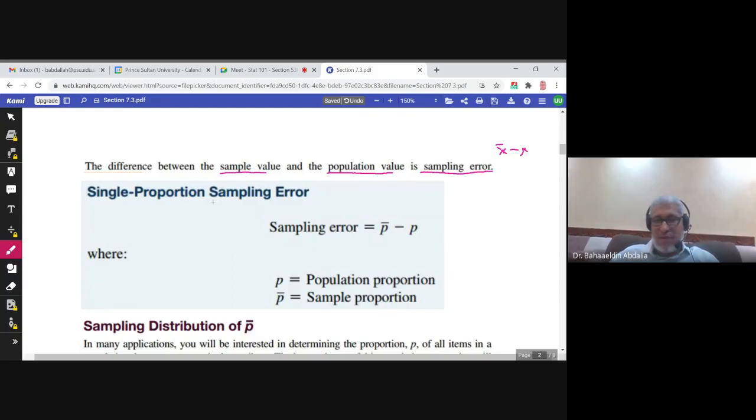So the sampling error for a single proportion, meaning one proportion, we have one population, because you are going to study in the next course two proportions, the difference between two proportions, where you will deal with two populations. Here we deal with one population only. So what would be the sampling error? P bar minus P, the sample proportion minus the population proportion, will give you the sampling error.